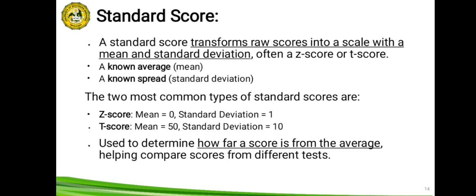So we can use the standard score to determine how far a score is from the average, helping compare scores from different norms. This means that the score tells us if someone did better or worse than most people, and by how much.